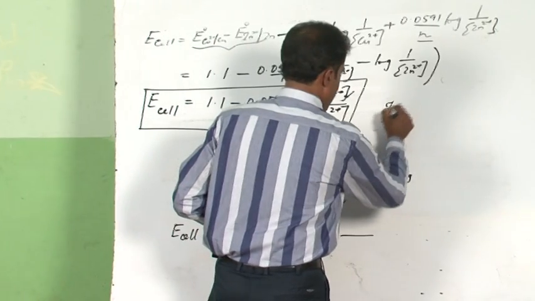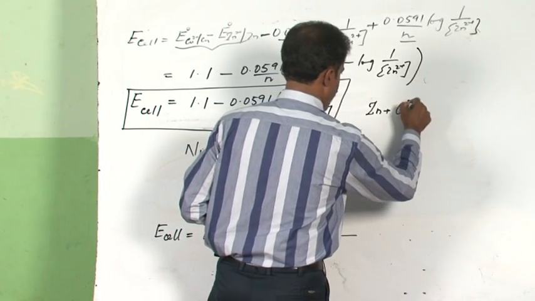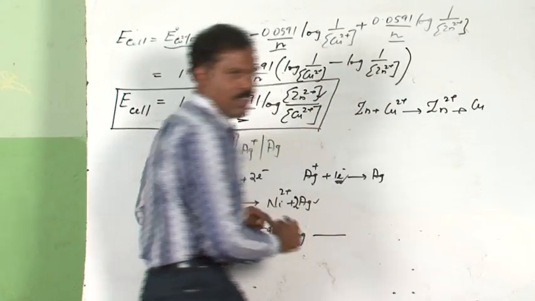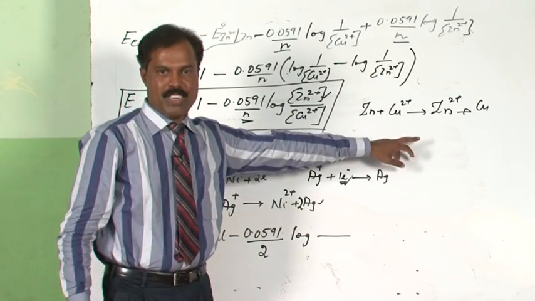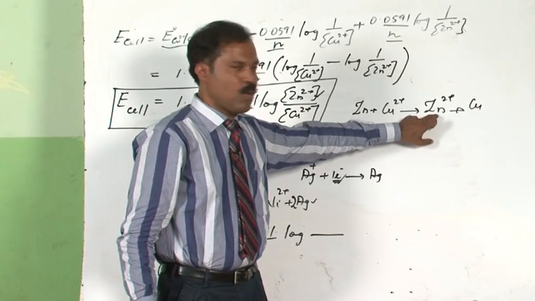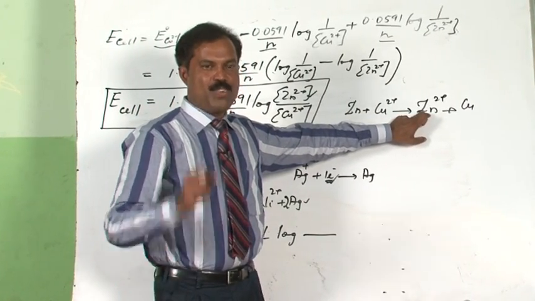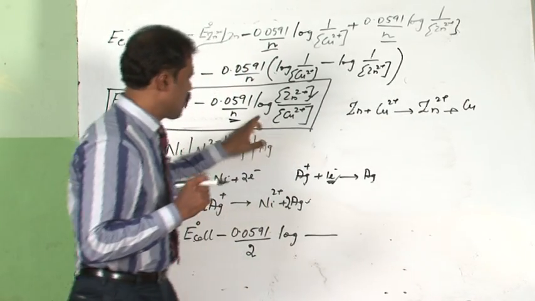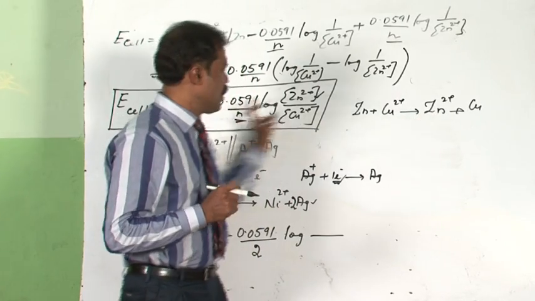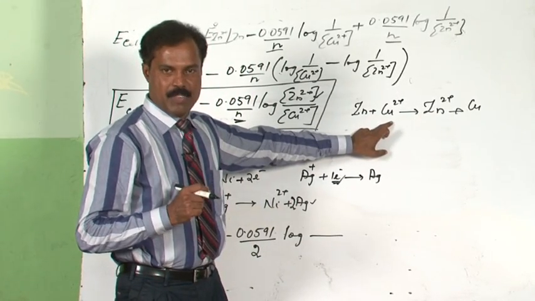Look at Daniel cell, zinc plus Cu2+ gives Zn2+ plus Cu. You can see zinc is getting oxidized. The Zn2+ happens to be the product also. So when you write the Nernst equation, on the numerator, it is the product. On the denominator, it is the reactant.